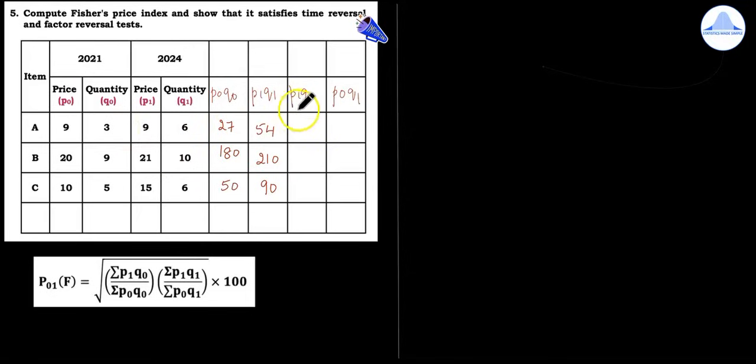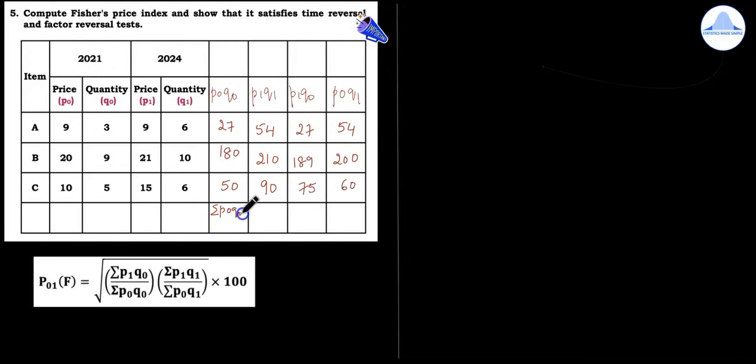So 9 into 3 is 27. Then 189, 75. Then P0 Q1. That is 9 into 6 is 54. 260.